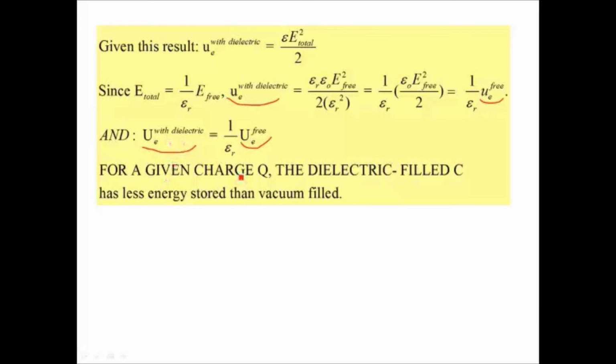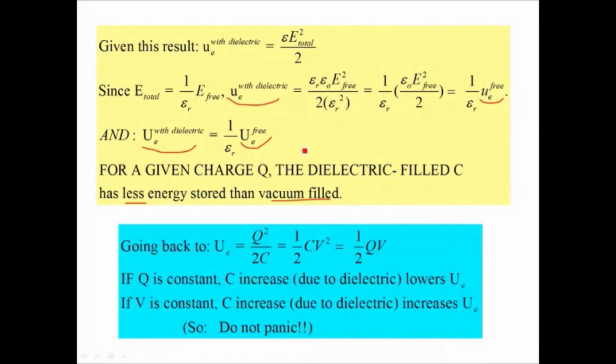So for a given charge, Q, the dielectric filled capacitance has less energy than the vacuum filled. And that's because you divide by this epsilon R to go from free to with dielectric. Going back to our U sub B equation where we had Q squared over 2C equaling these other two terms, realize that if Q is constant and C is increasing due to putting in the dielectric, it lowers the potential energy.